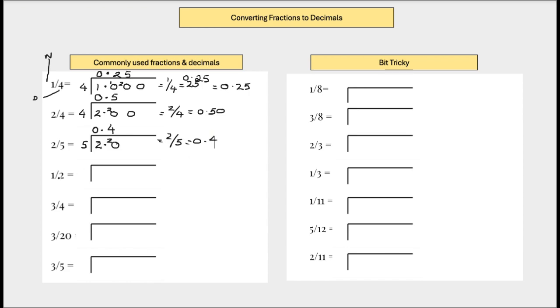A half. So we put the 2 here and the 1. 2's into 1 do not go. Decimal point. Carry the 1. 2's into 10 with 5. So we know that a half equals 0.5.